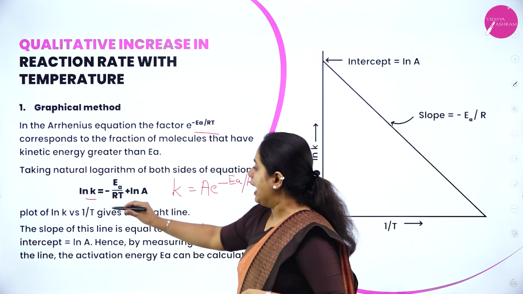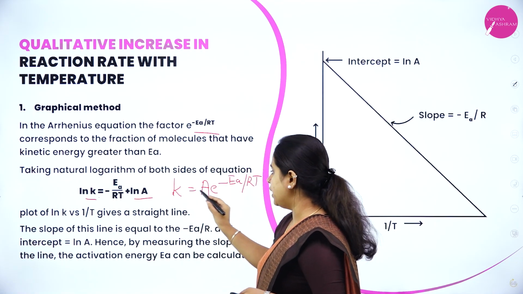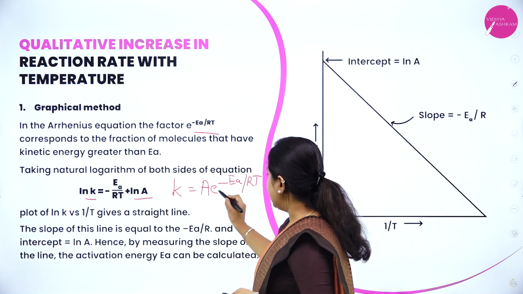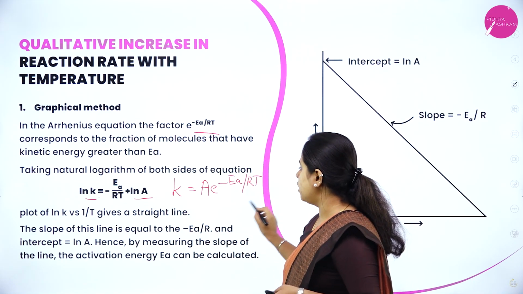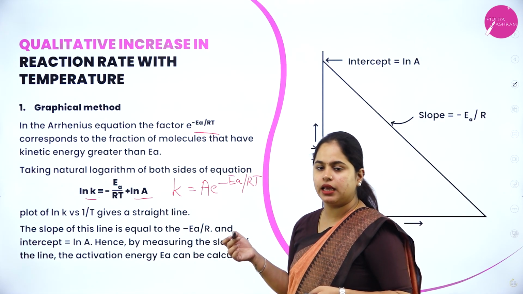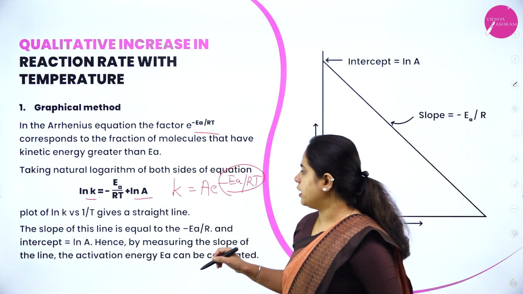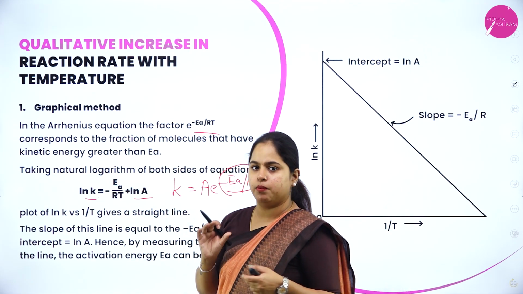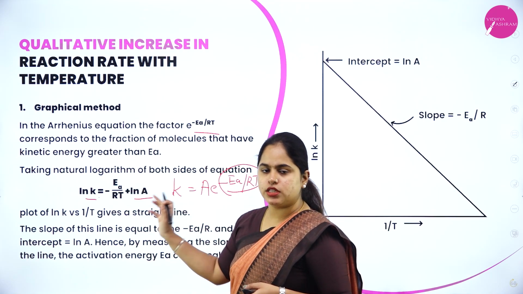So ln k will be equal to ln A plus ln of e raised to minus Ea by RT. If we take ln of e raised to minus Ea by RT, only the power will remain, so the e won't be there. So ln k is equal to minus Ea by RT plus ln A. This will be the equation.